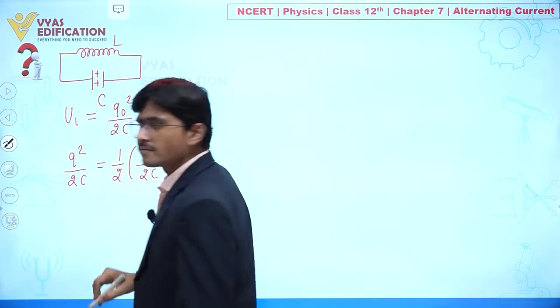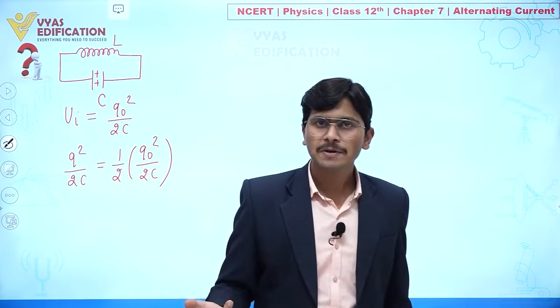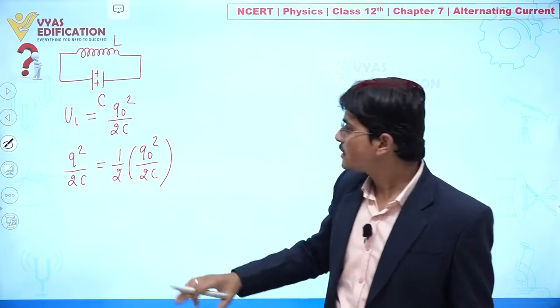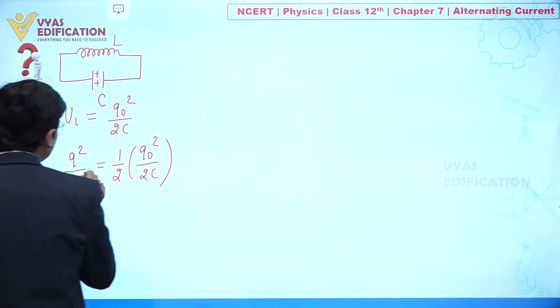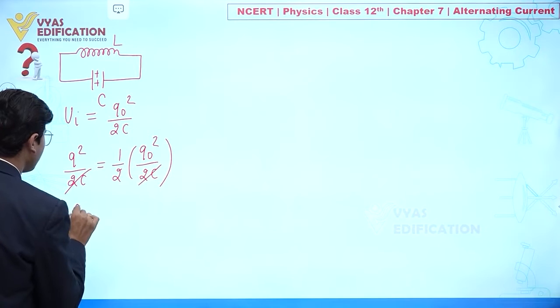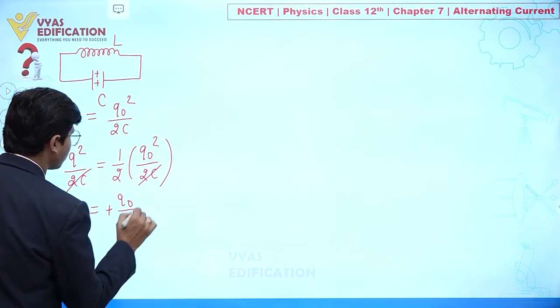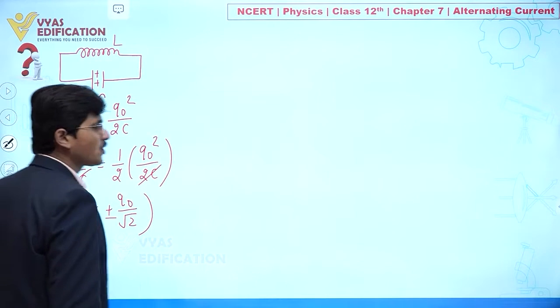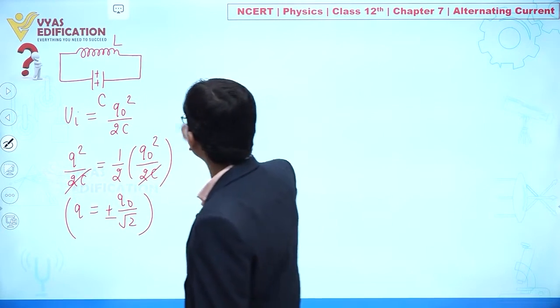I am assuming Q is the charge present at any time t, so this energy is half of the total energy. The 2C and 2C cancel out, so Q is equal to plus minus Q naught by root 2.